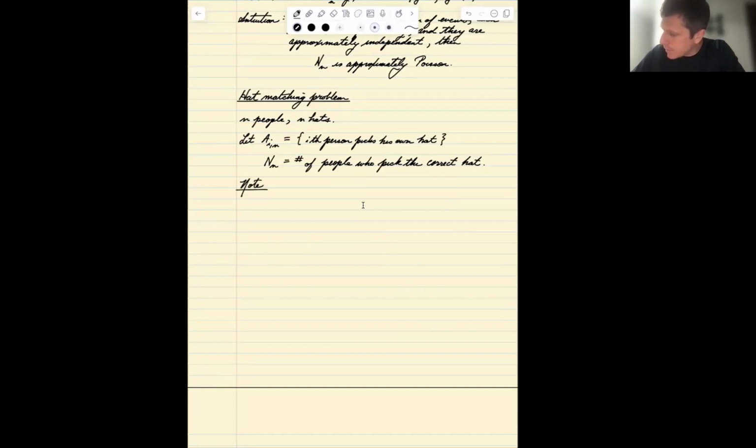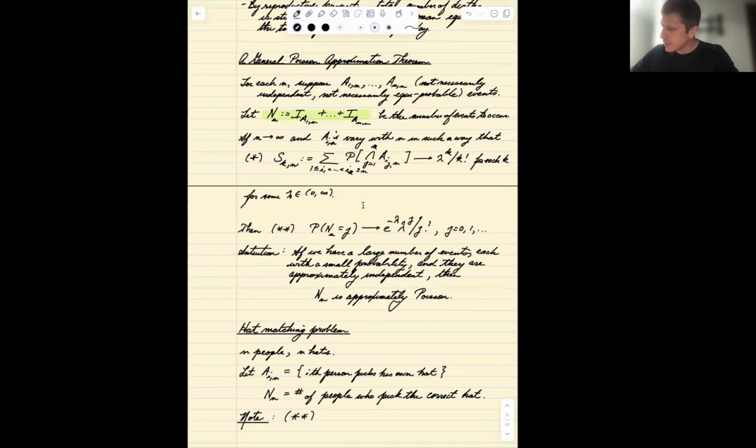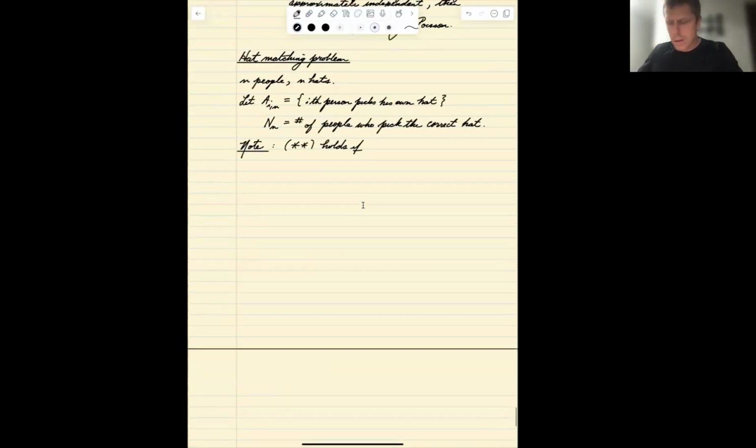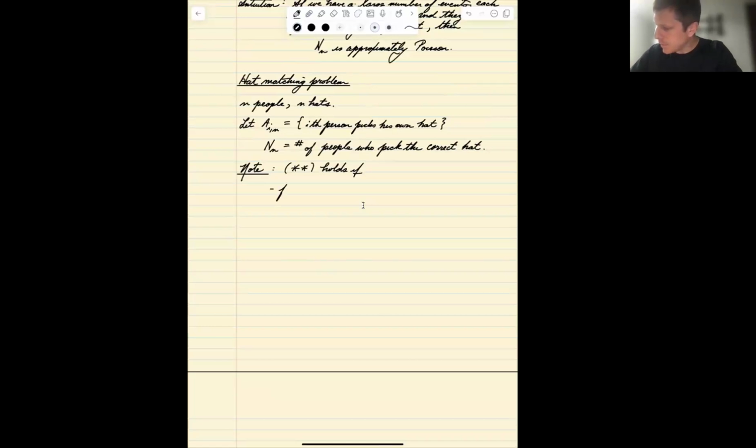So up above, we have the double star, right? Double star is here. This holds. Double star holds if, for each n, the A_i n's are exchangeable.